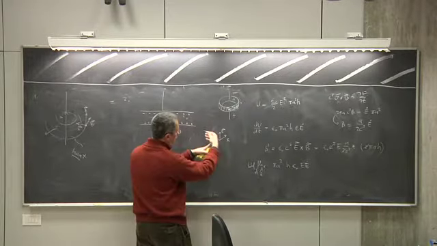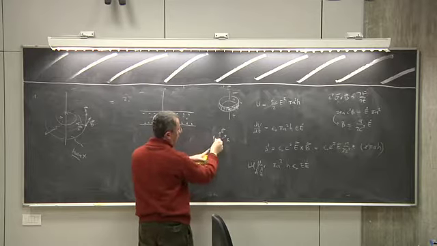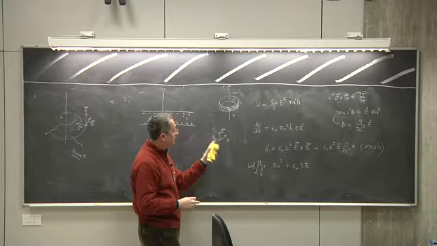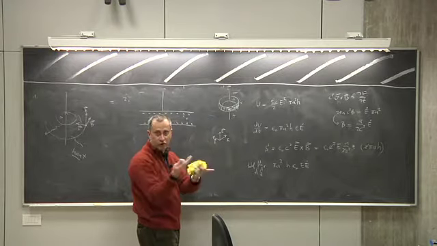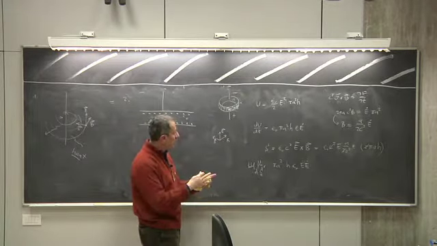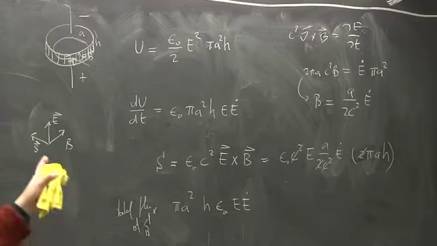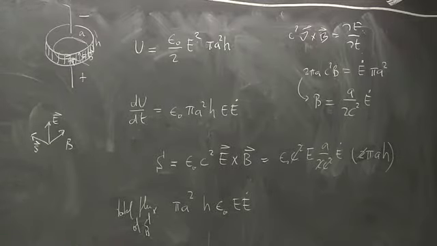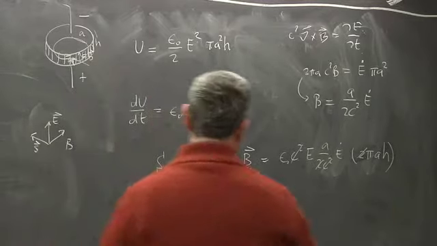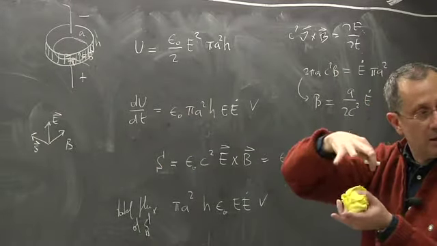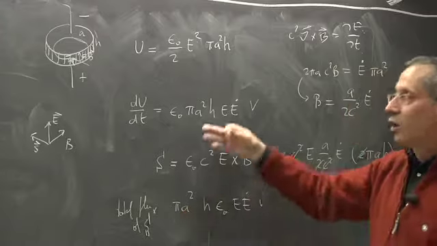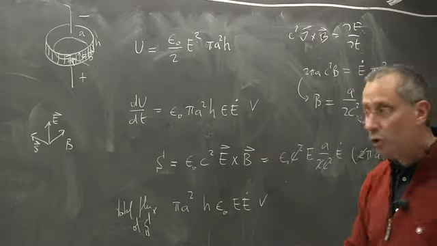And I'm looking at the flux through this surface, so I can just take the absolute value of S. That is what I did. Because S is orthogonal to the surface somehow, so there is no angle. The normal is already normal to the surface I'm integrating. So you see, this first of all checks. The change in energy inside is exactly the flux of the Poynting vector going inside.